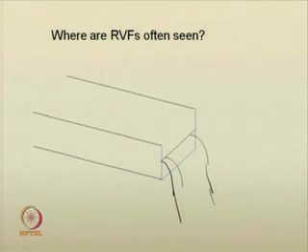Another example we can see is wherever a canal fall or canal drop is there, as we have seen in this particular figure. This is a rectangular canal or channel with a canal drop or a canal fall. I can draw the cross-sectional form like this: if there is a canal and it is dropping like this, whatever flow was there.